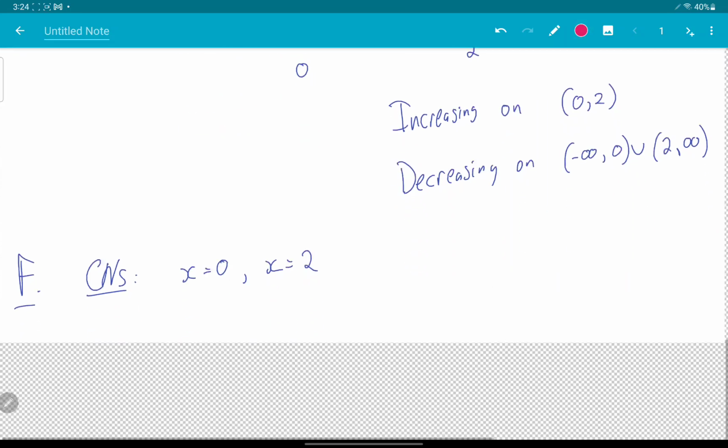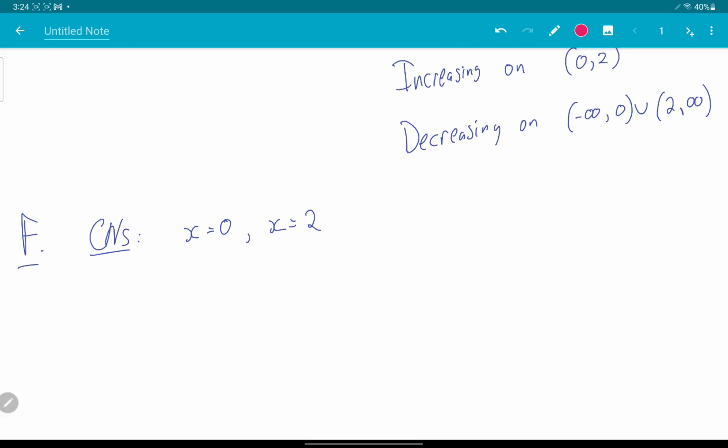So if I want to label this, I could just say f of 0 is a local min, and I should probably tell you the value, and that minimum value is f of 0, which is 2. F of 2 is a local max.